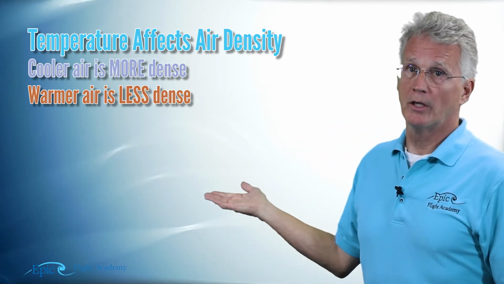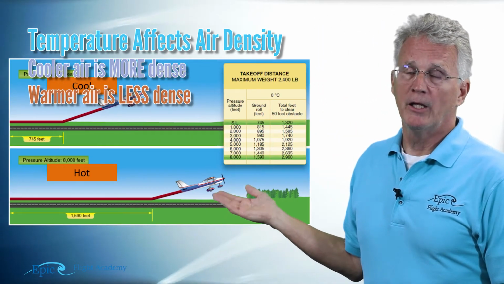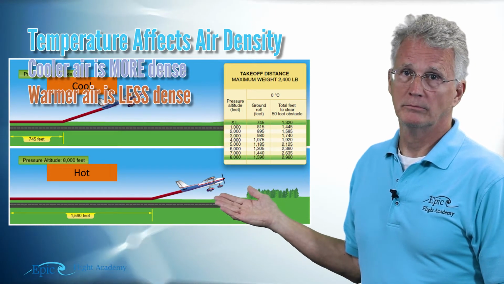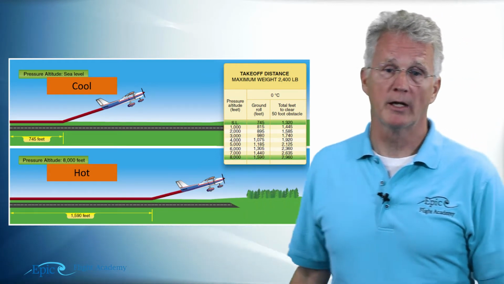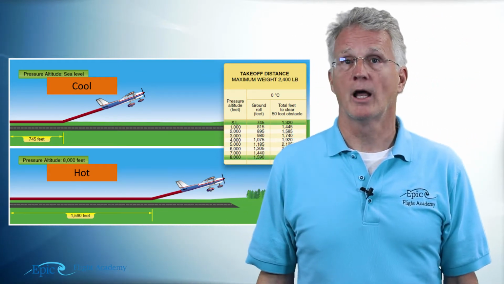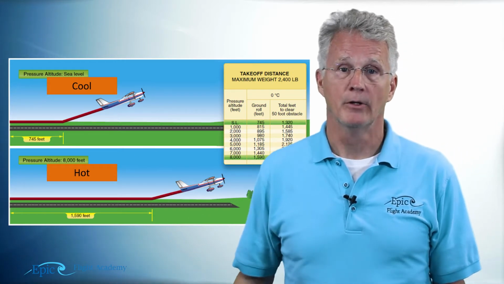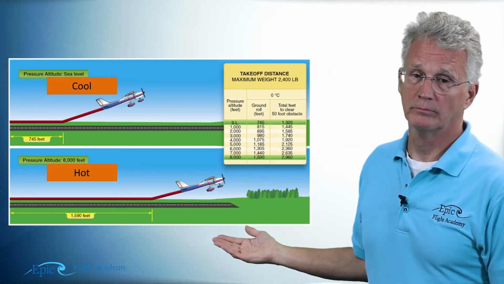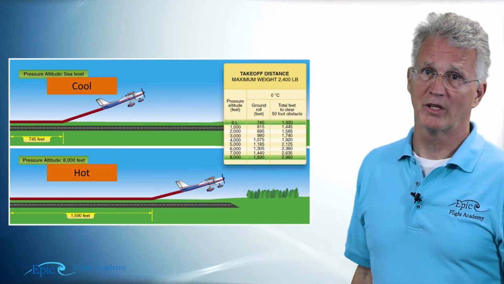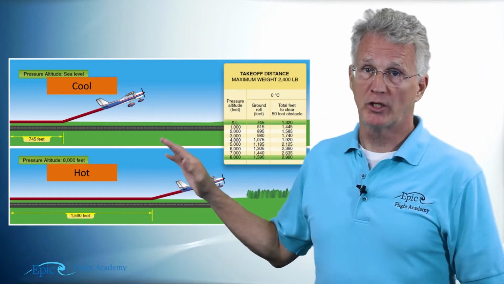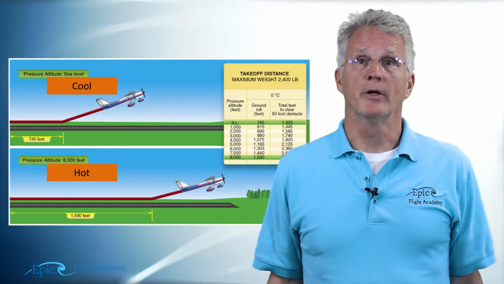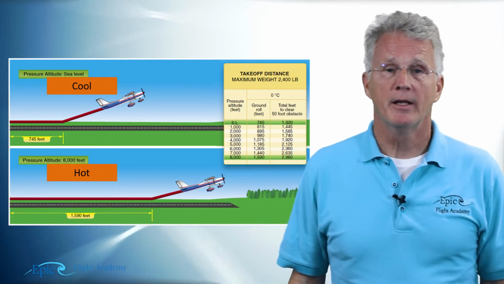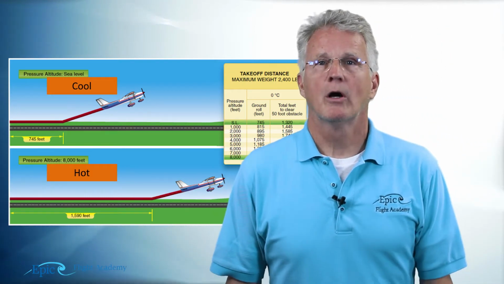So again, you can see on our graphic right here, in cooler air, the air is more dense, the aircraft performs better, a shorter takeoff run, a higher climb rate, and a steeper climb angle. And in warmer air, a longer takeoff run because the air is less dense, a shallower climb angle, and a lower climb rate because the air is warmer. It is less dense.